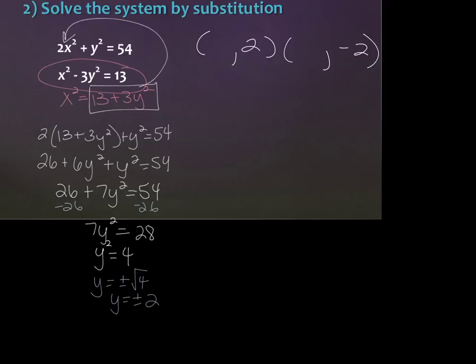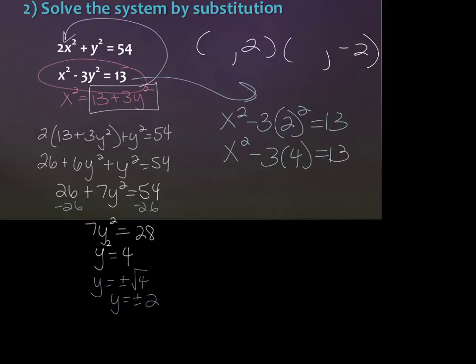And I can plug them back into any of the original ones. So if I were to plug it back in here, let's say just because it's smaller numbers, x squared minus 3 times 2 squared equals 13. x squared minus 3 times 4. x squared minus 12.